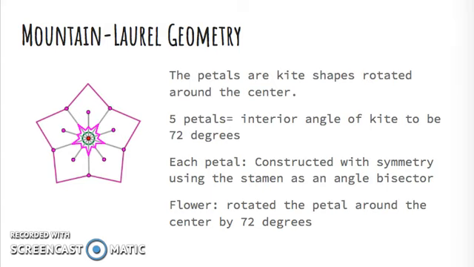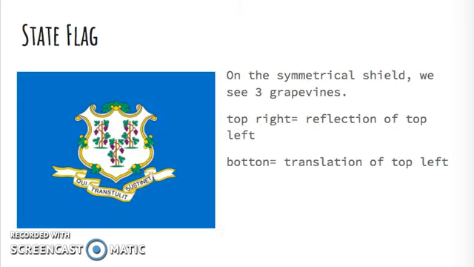I made a diamond shape, and then I found that the interior angle measurement of that kite should be 72 degrees, since I know it has 5 petals and needs to add up to 360 degrees. Then I made the angle bisector as one of the stamen, reflected the design onto the other side of the petal, and then rotated that 5 times around the center of the flower.